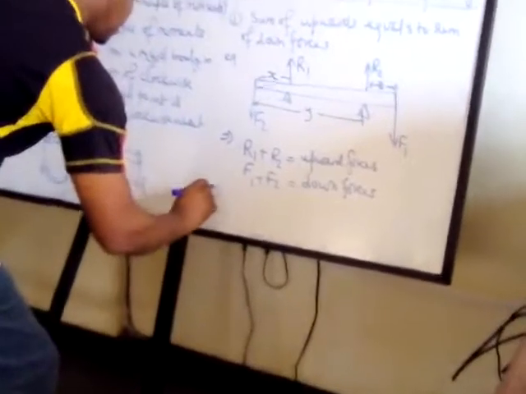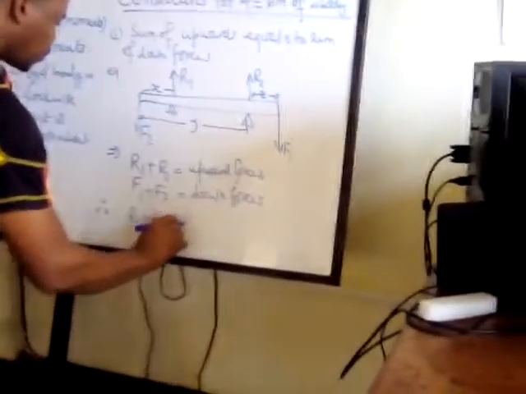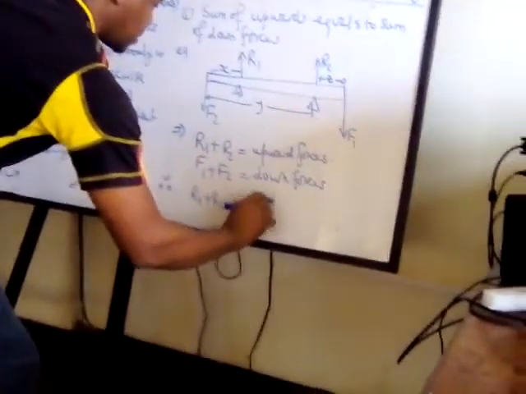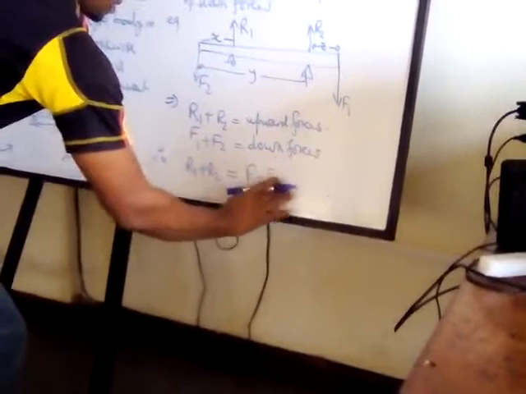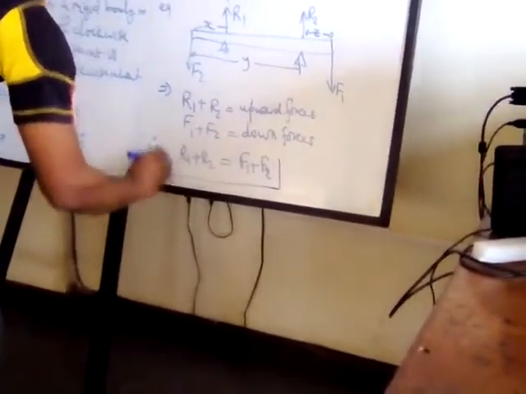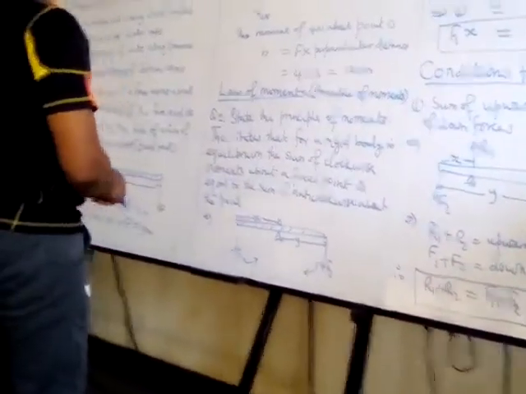Therefore the statement is that R1 plus R2 will always be equal to F1 plus F2 in equilibrium. That is the summary of this condition. We are going to look at the second condition.